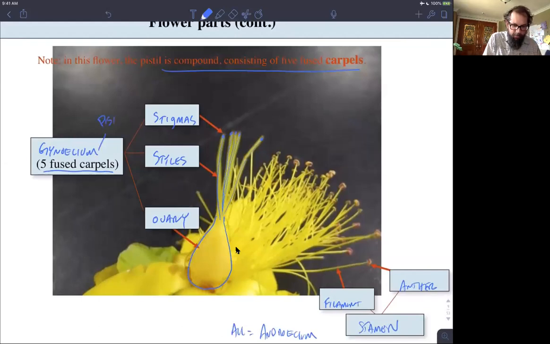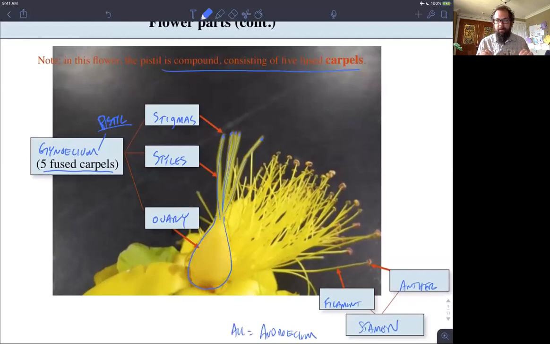And so a pistil is not always equivalent to gynoecium. When it's a compound pistil, it is. I know that this is where things get a little confusing, so I will explain this on another slide, but I want to make sure that I introduce that term pistil to you here. Pistil and gynoecium are not always interchangeable.